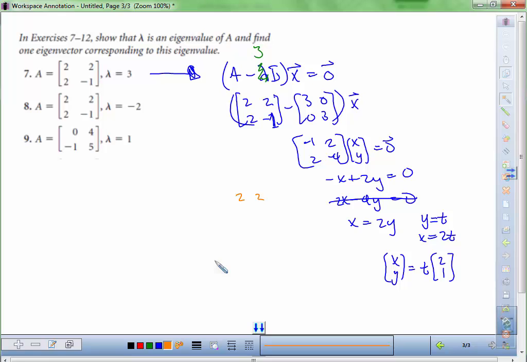Well, let's work it out and see if (2, 1) is in fact the eigenvector, or if it needs to be scaled appropriately, because it has to fit this eigenvalue 3. So we take [2, 2; 2, -1] and apply that to (2, 1), and we get 4 plus 2 is 6, and 4 minus 1 is 3.